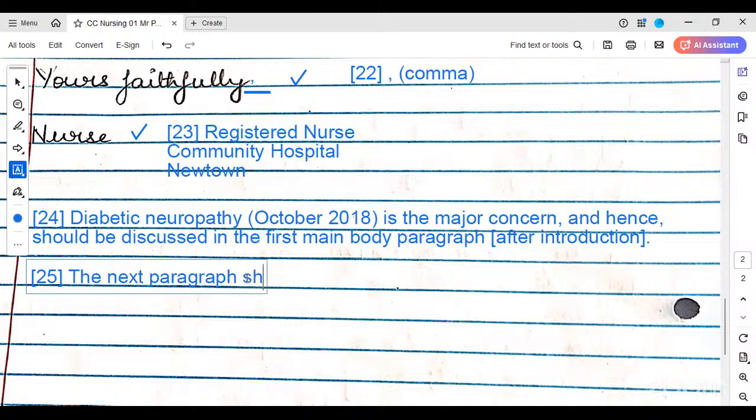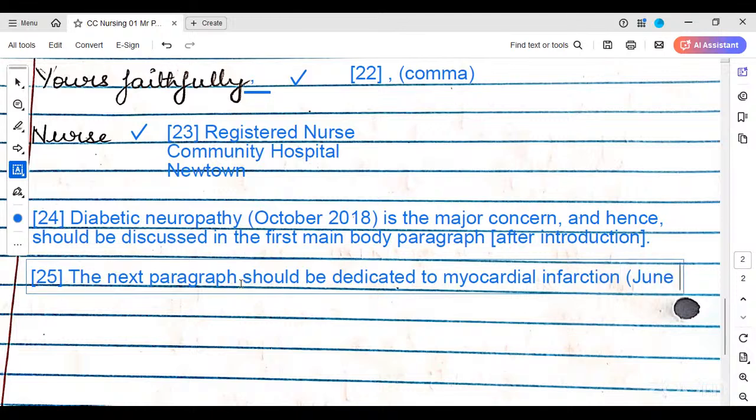the next paragraph should be dedicated to myocardial infarction. Many people write infraction. No, it's not infraction, it's infarction, because this happened in June 2018.